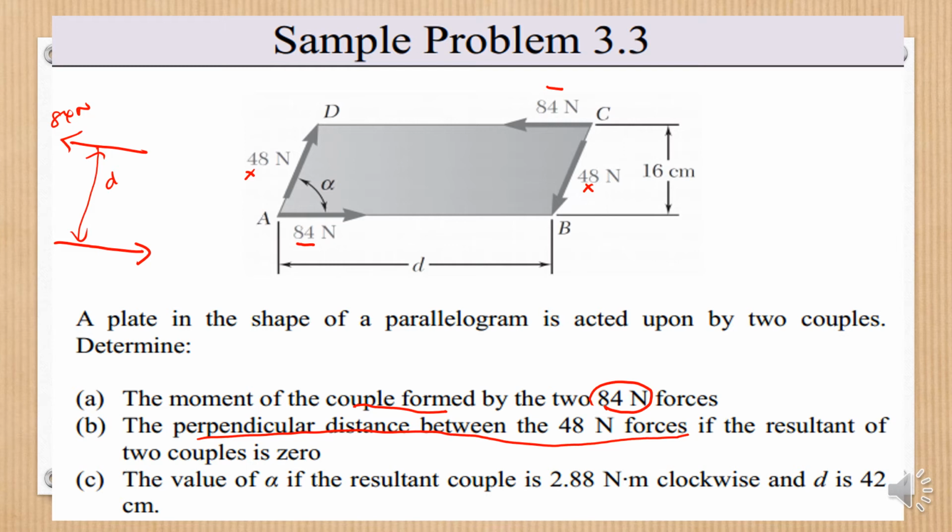This means that the resultant moment of the two couples is 0. So if you have one couple, F1 times d1, plus F2 times d2, it will become 0.